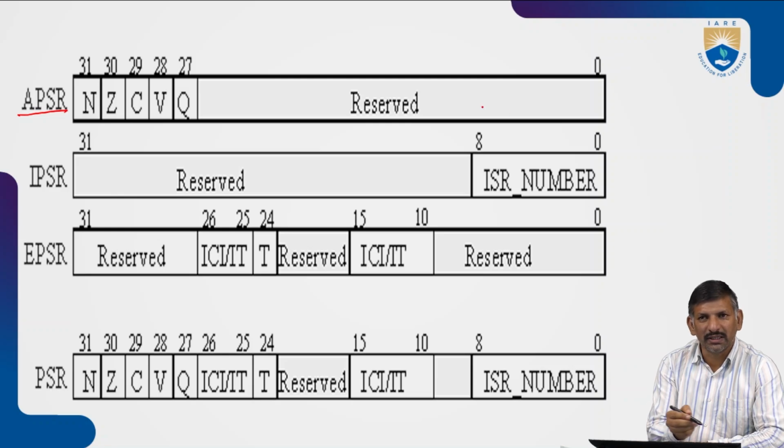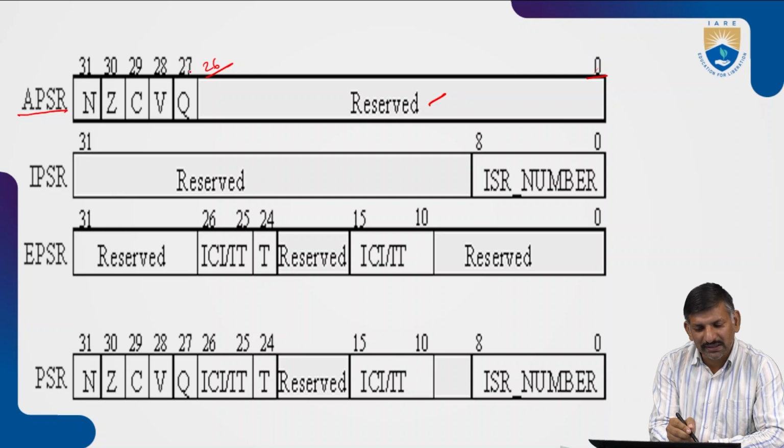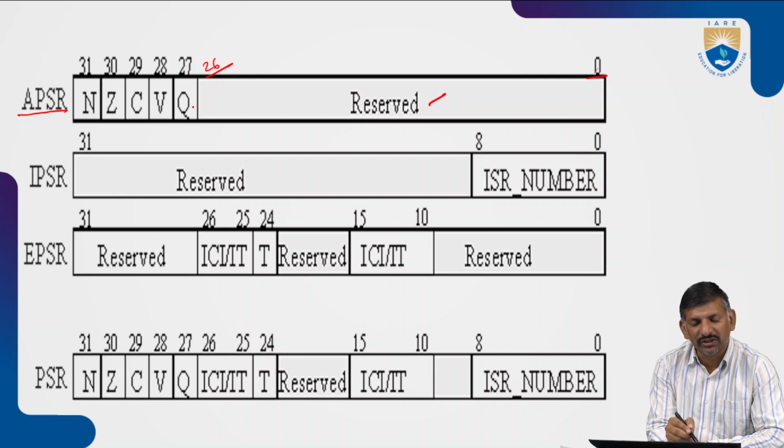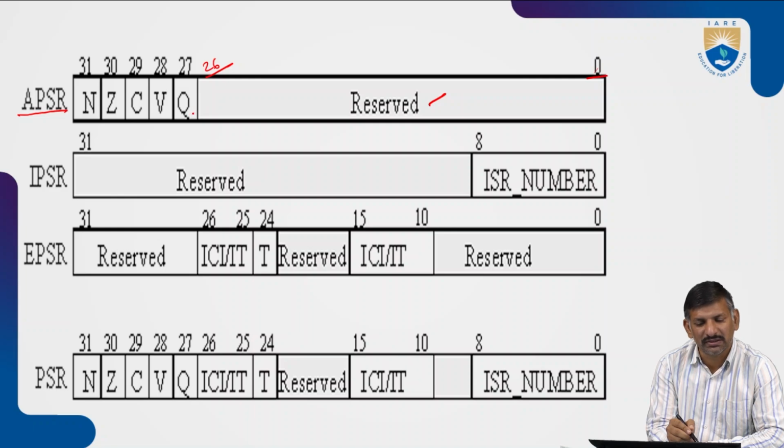This is a 32-bit register. In this, bits 0 to 26 are reserved for future purposes. The 27th bit indicates saturation. By default all the values of this flag register are zeros. Whenever, after performing the operation, saturation occurs in the result, this Q value is 1.